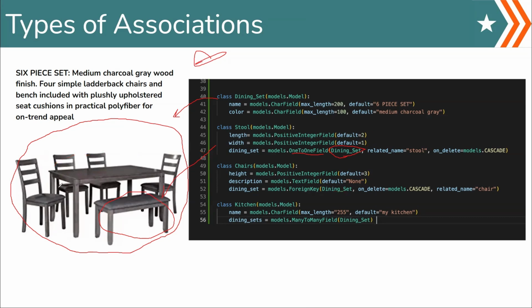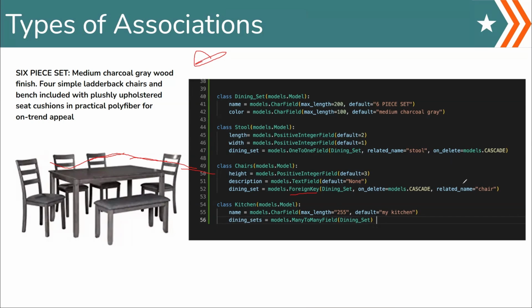Let's go ahead and erase this. Chairs, we can have multiple of them, but they can only belong to one dining set. But a dining set can have multiple instances of chairs, right? And we establish that by using the foreign key.